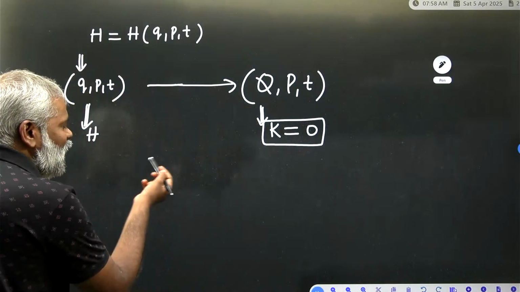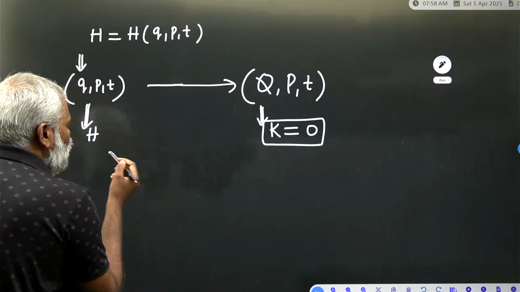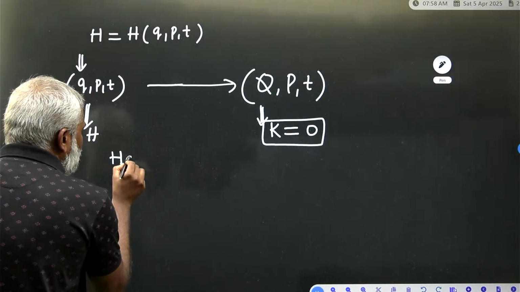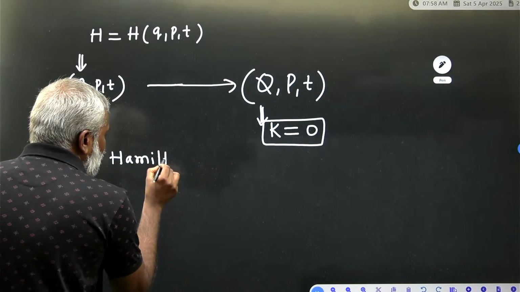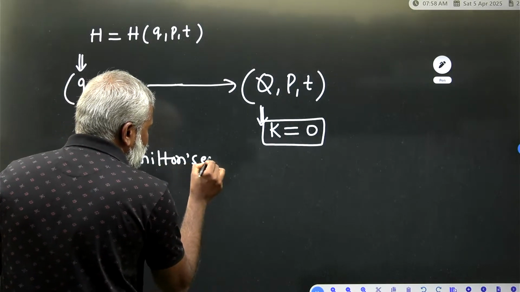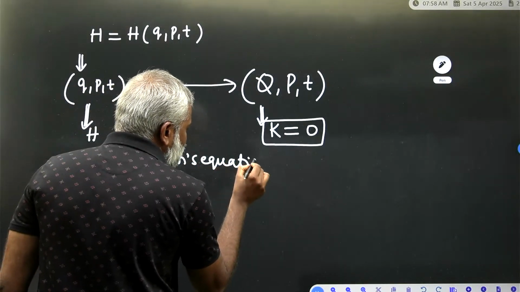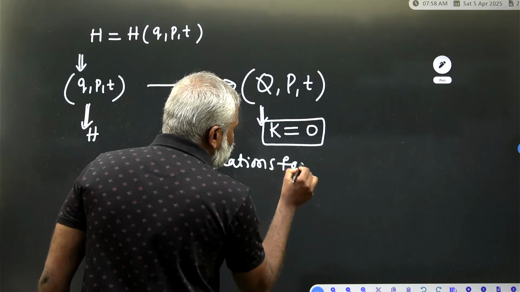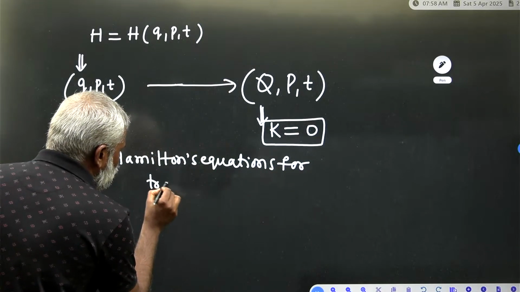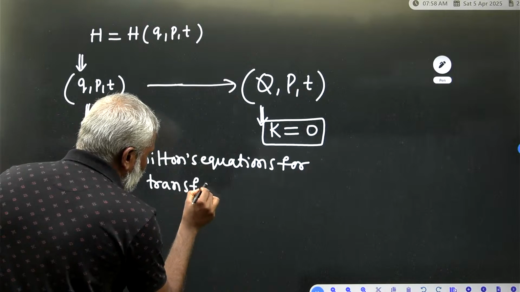Do you know what the Hamilton's equations are for the transformed Hamiltonian?